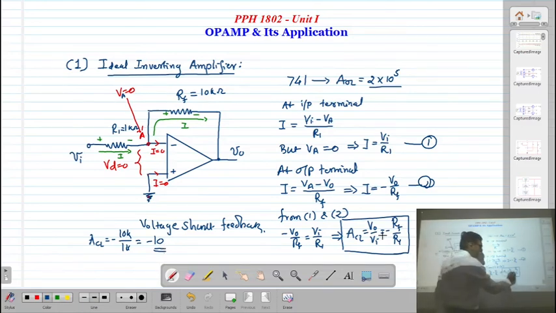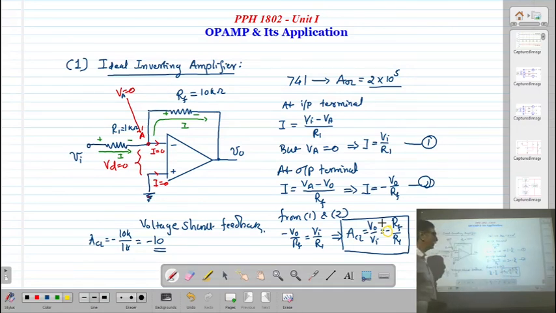Here, this negative sign, remember, indicates that the phase difference between the input and the output is 180 degrees. Both the signals are not in the same phase and they are out of phase. That is the meaning of this negative sign. So the circuit is so versatile that you can change the value of RF and R1, and accordingly set the gain of the amplifier.